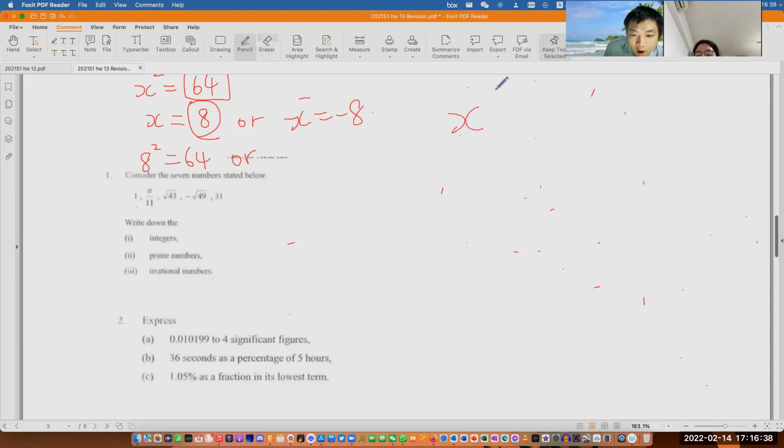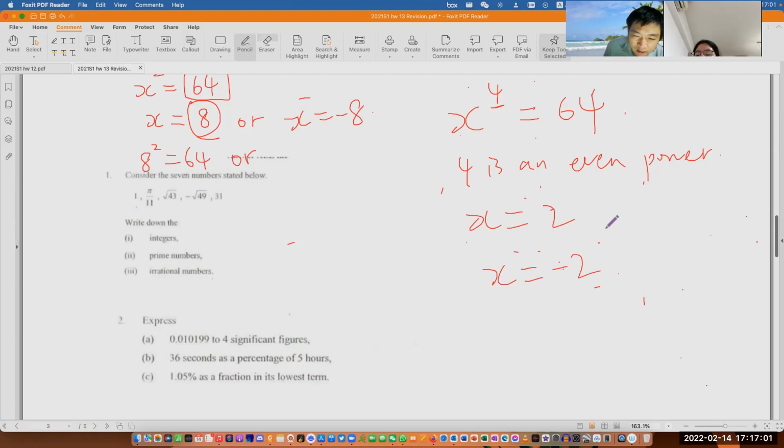If you have x to the power of an even power, so x to the power 4 equals 64, then 4 is an even power. Generally, when you have an even power, you tend to have two answers. Can you test it out for me?